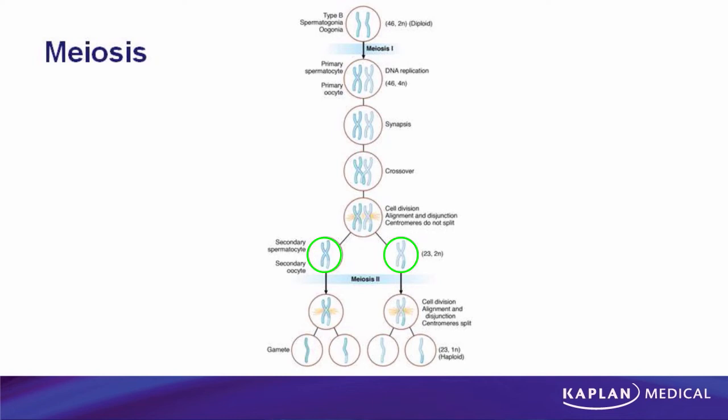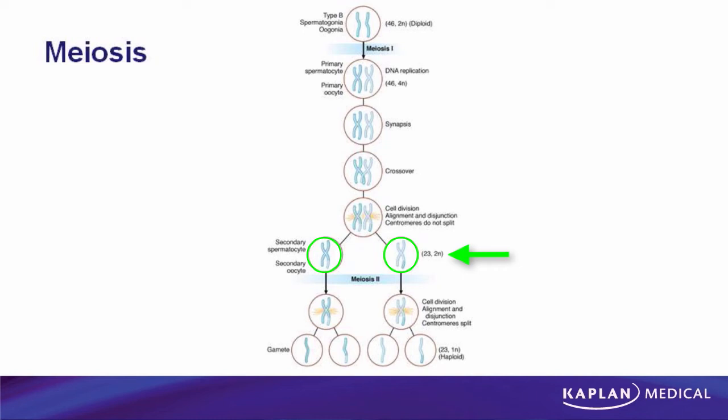So now we'll have a nucleus that has only 23 chromosomes, one from each pair, but 23 double-stranded chromosomes, each with two chromatids. So we would call that a 2N cell again. Here we had a 46 chromosome 2N cell. Now we have a 23 chromosome 2N cell. Half as many chromosomes, but twice as much DNA in each chromosome.